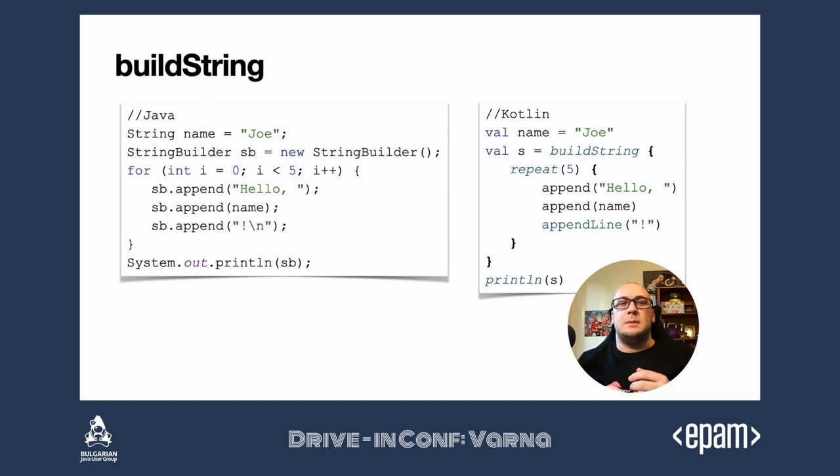For instance, this buildString function looks like a small DSL for building strings. In fact, it's just a direct mapping into a StringBuilder operation that you would write in Java, but it's more concise and more readable.